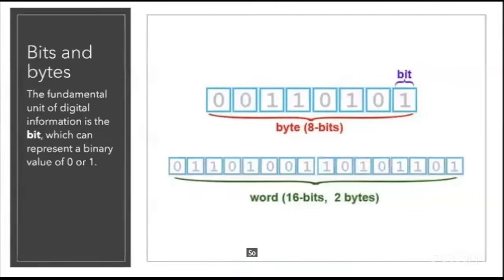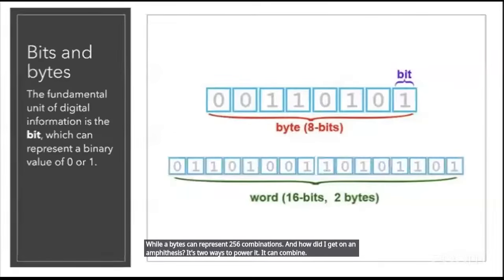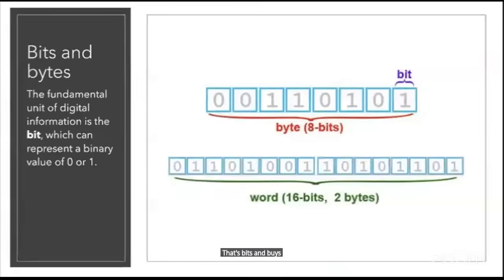And how did I get 256? It's 2 raised to power 8. That's bits and bytes. So your takeaway here is that a bit is the smallest unit, and 8 of them make up a byte.